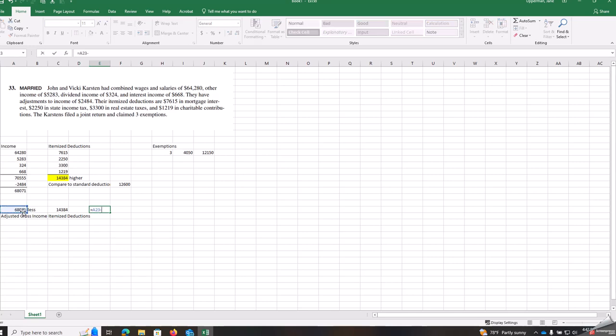I'll just keep going because I'm also going to subtract these exemptions, the 12,150, less the exemptions. That should give us our taxable income. So if we take the adjusted gross income less the itemized deductions, less the exemptions, we get taxable income of $41,537. Okay, then we calculate the tax.